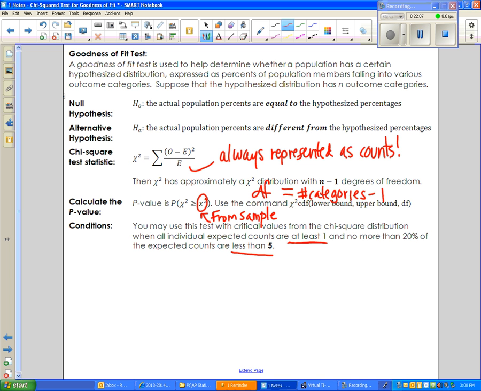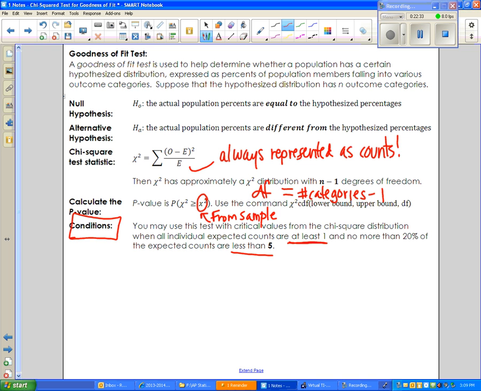So this is still getting to a place where we're saying we need to have a large enough sample to be able to do this test, but the conditions are different. So this is something that you definitely want to jot down and take note of to make sure that you have the right number of counts. But again, if you have a scenario where your counts don't match up with the conditions, then you just want to write a statement to use caution. You can still continue with the test.